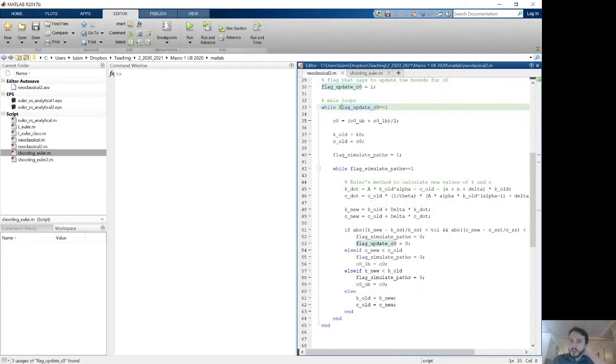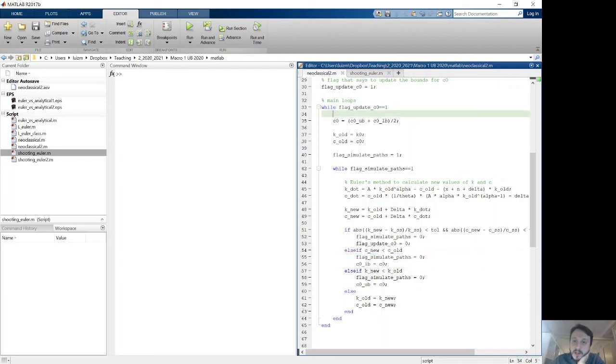and MATLAB will check, oh, should I update C0? Since we haven't changed the value of flag update C0, which is initially determined to be 1, we didn't change it here, this would still be true.